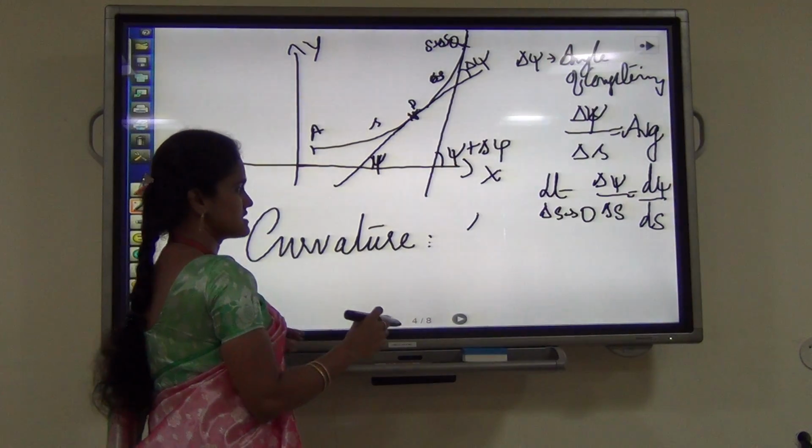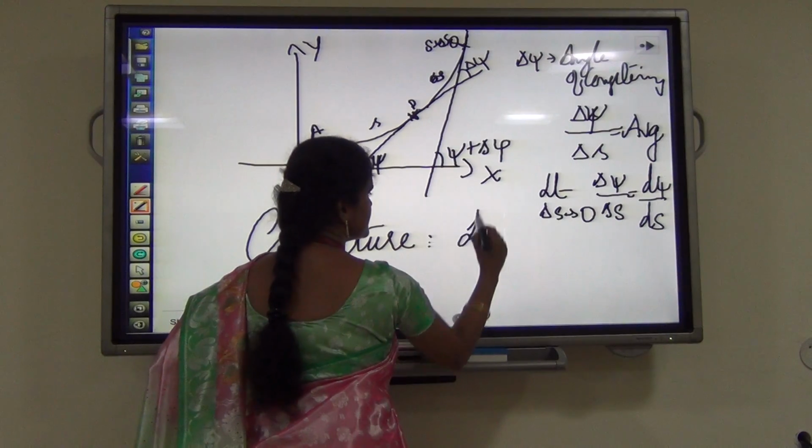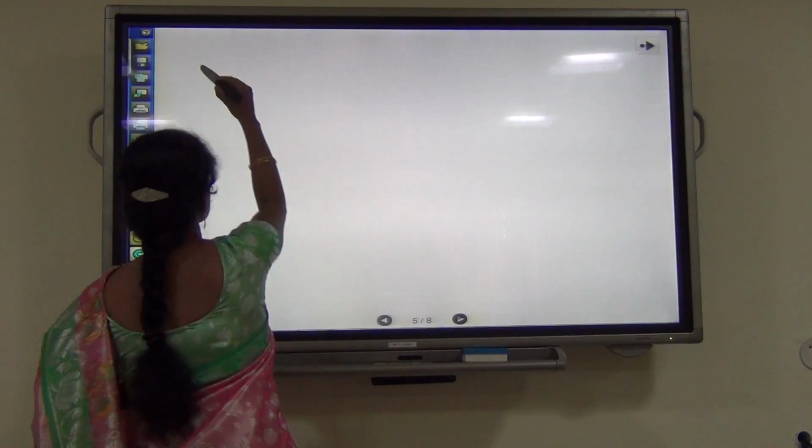Now this is what the curvature is: d psi by ds. How do we write this in words?